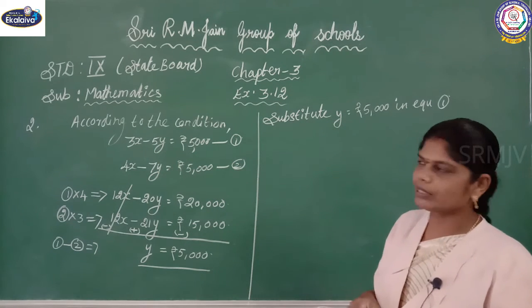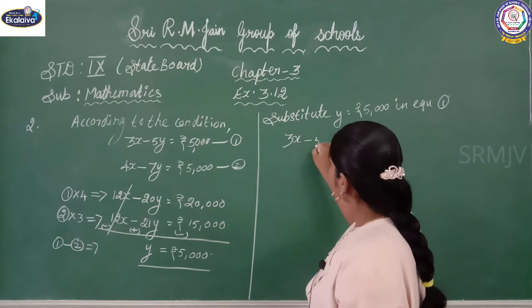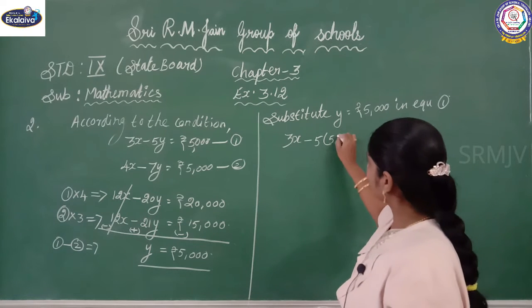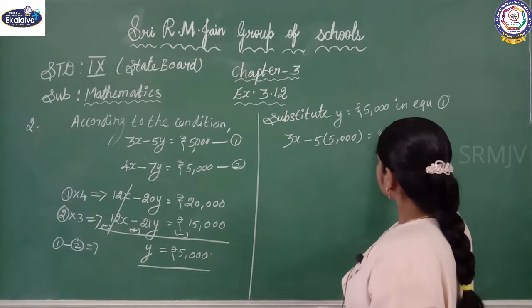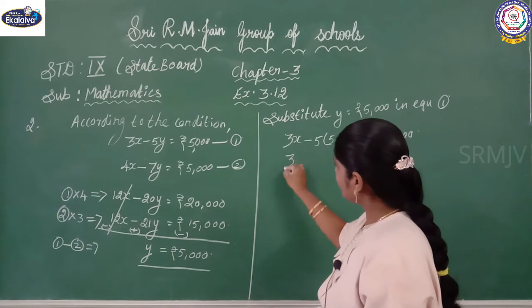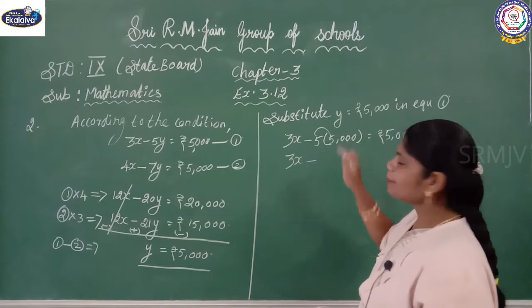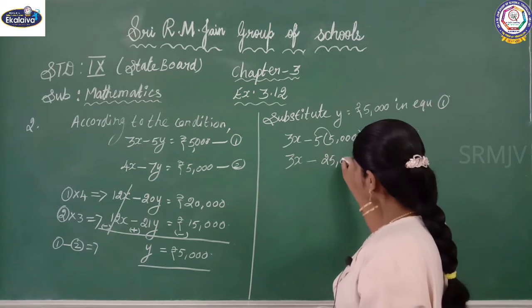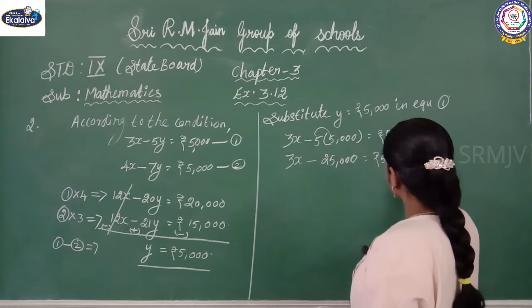In this I substitute the value of y as 5,000: 3x minus 5 into 5,000, 5 into 5,000 is 25,000, equals rupees 5,000.